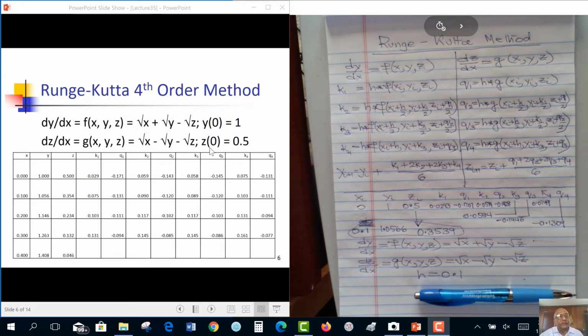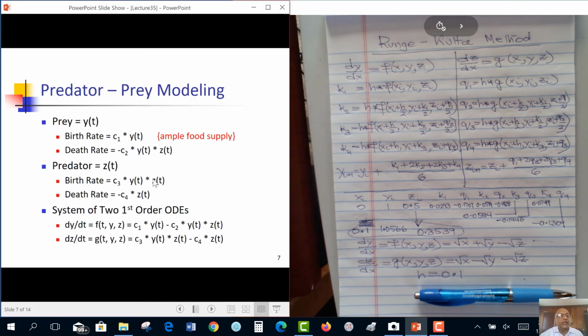Okay, so let's see where we can use this kind of two first order differential equations. Unfortunately, you have not taken sufficient technical courses as yet where you might have seen two equations, two unknowns. So let me pick up a problem from social sciences, if you like, or biological sciences. But this, by the way, is the same idea that is used in modeling pandemics.